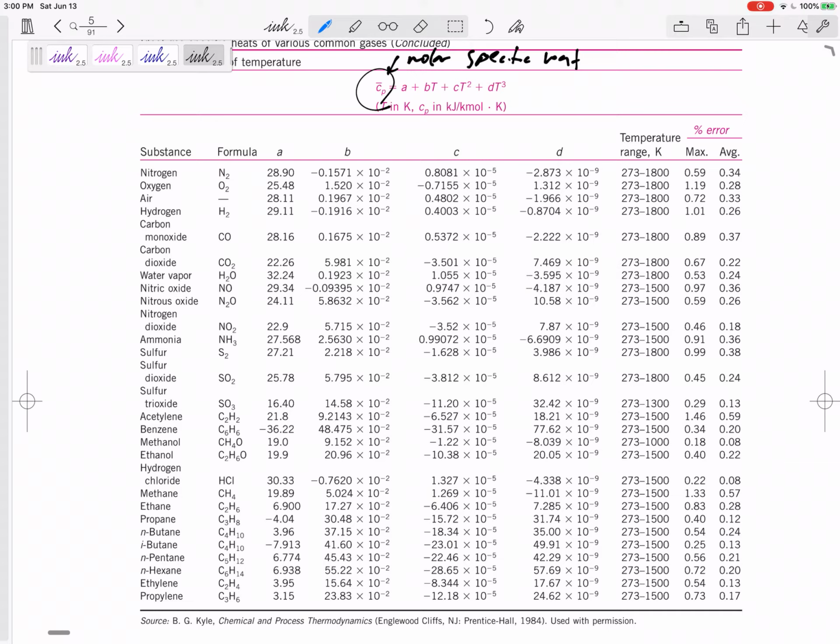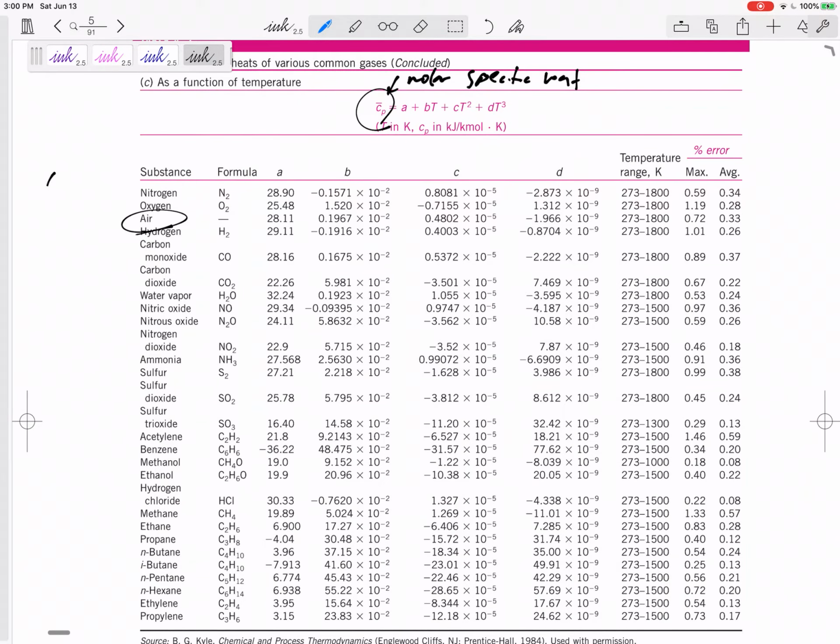So for example, let's find the one for air. The CP bar for air is 28.11 plus 0.1967 times 10 to the negative 2 times temperature, plus 0.4802 times 10 to the negative 5 times T squared, and so on with T cubed. These are getting smaller and smaller.